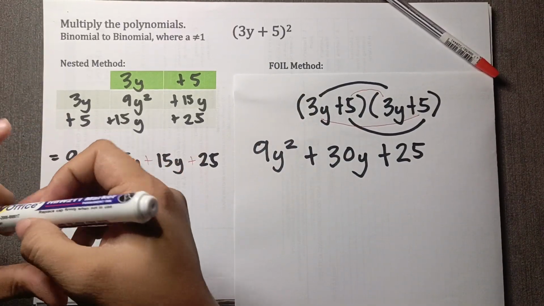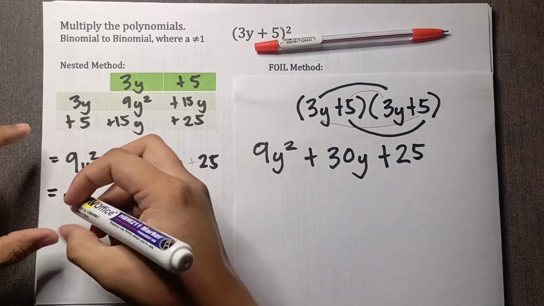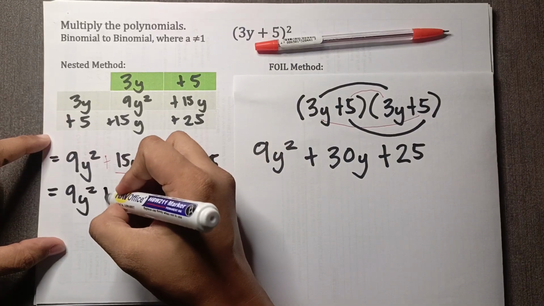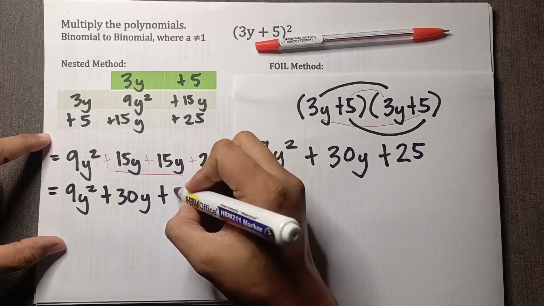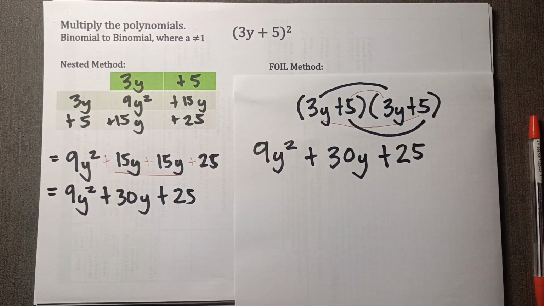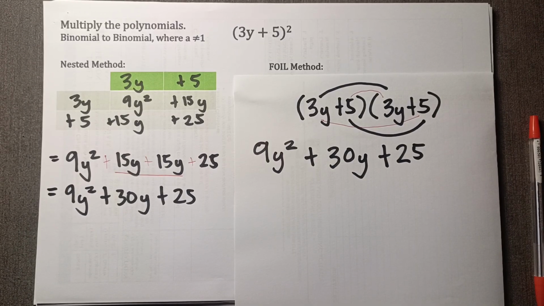So final answer natin, pagsamahin natin tong dalawang 15y. So we have 9y squared, 15 plus 15 is equal to 30y, and we have plus 25. So that's how you answer the binomial to binomial where a is not equal to 1.